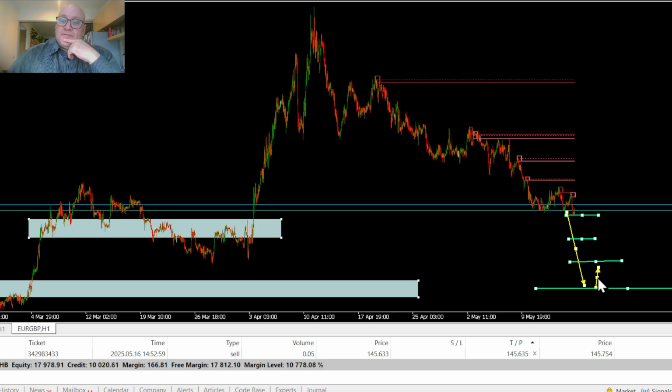If it's doubled, you just have to come back around here somewhere to break even, instead of having to get all the way back up to here, or even back to here. It just shortens the distance.